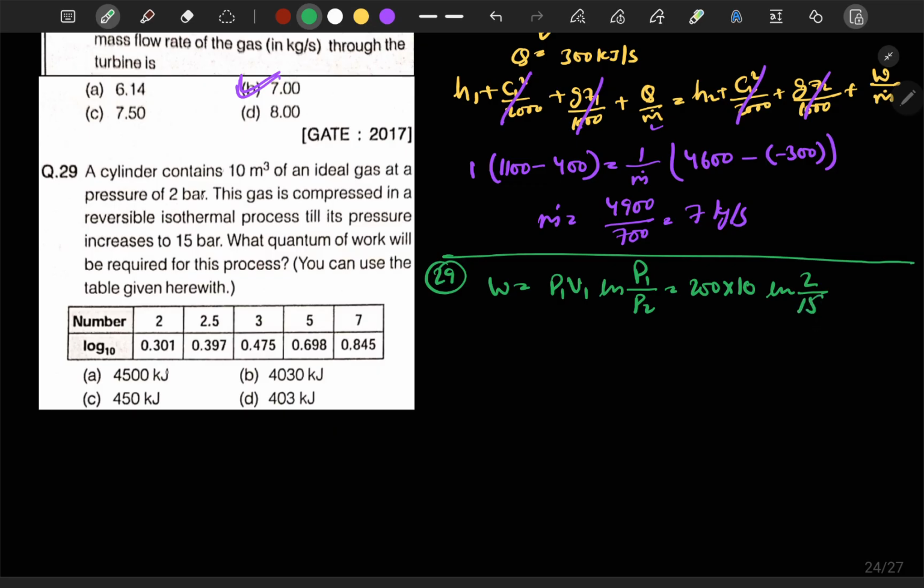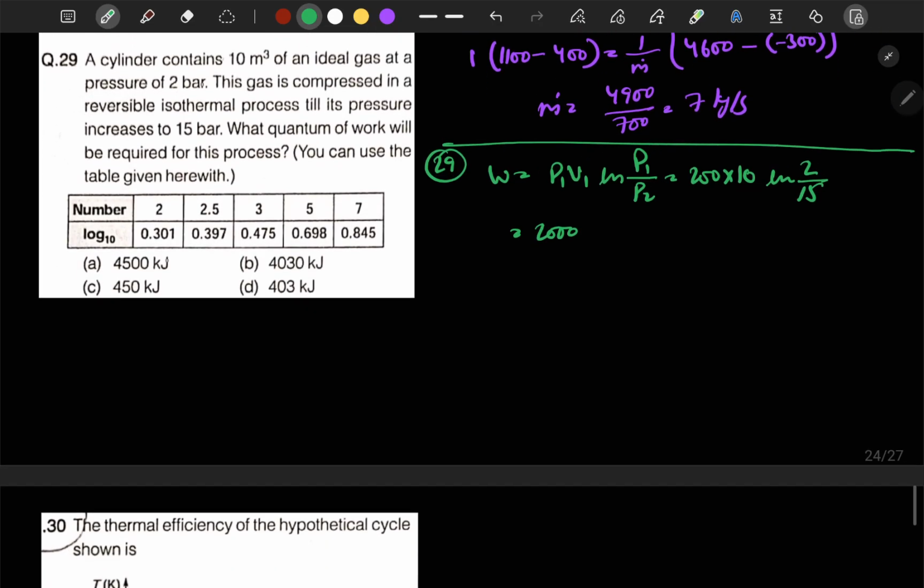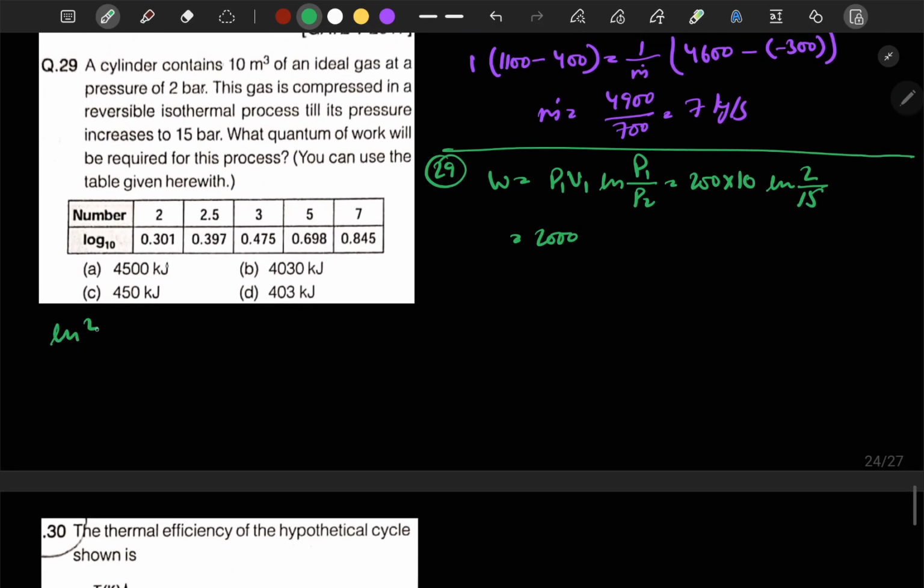Okay, now we get the values: 2000 ln 2 minus ln 15. Now we have to calculate the value of this. ln 2 by 15 can be written as ln 2 minus ln 15. Furthermore, ln 15 can be written as ln 3 plus ln 5.